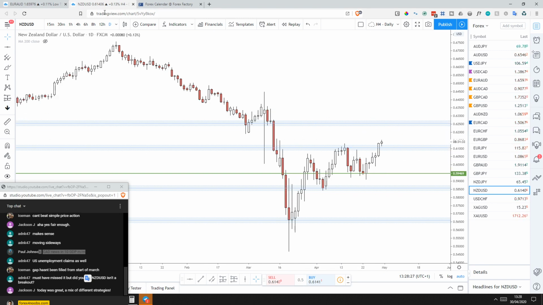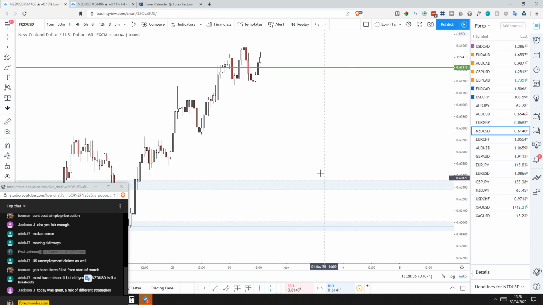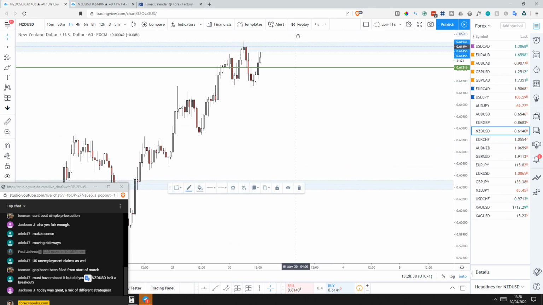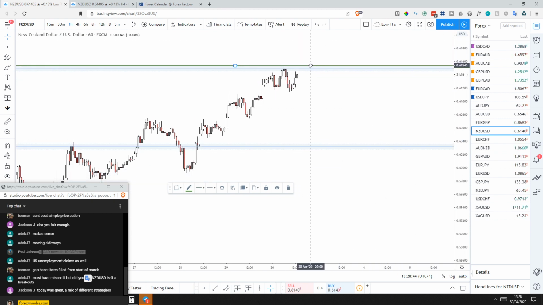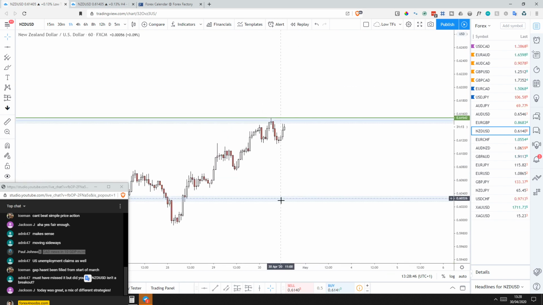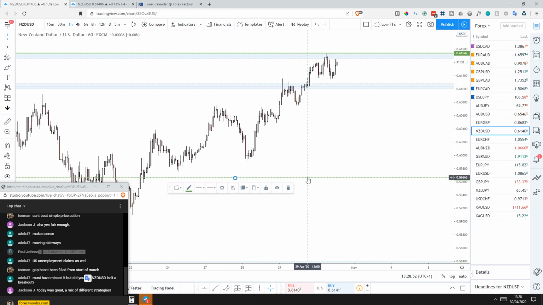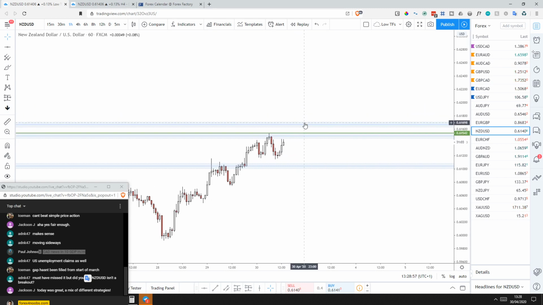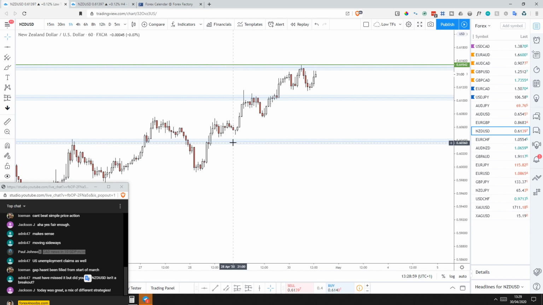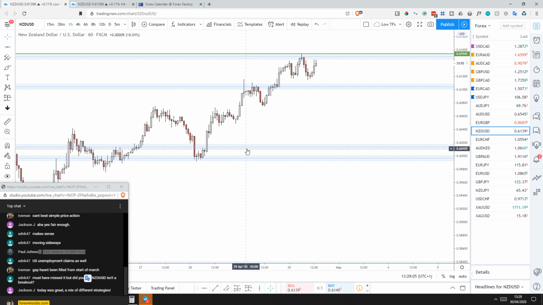It's a bit of a weak trend, but I guess if you want to trade it as a breakout, you could. It's not a really strong trend, but yeah, you could trade it as a breakout. I just didn't really look at it, to be honest. I just flicked through it and didn't really pay it much attention because the trend overall on the daily chart is not that strong.